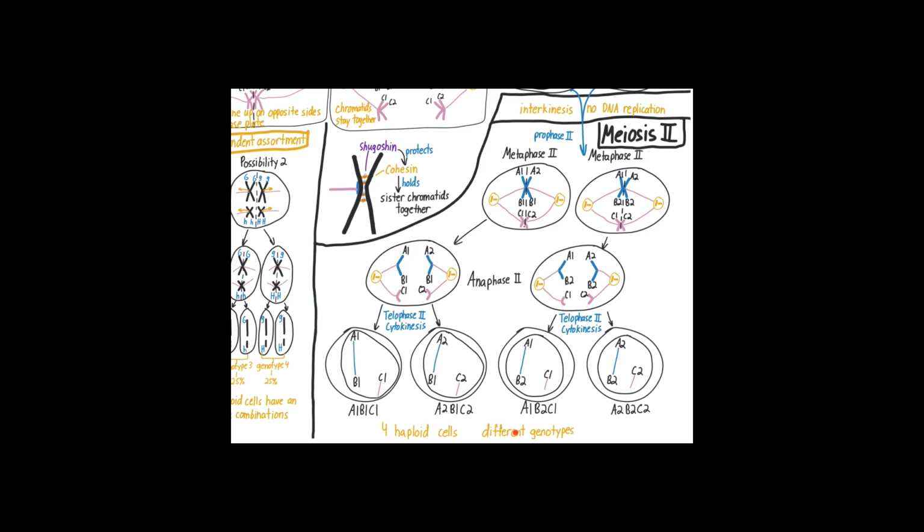So, different genotypes are, in part, produced by crossing over. We see those different combinations of A and B alleles in each cell. So, crossing over produces new genotypes with respect to genes on the same chromosome, here the A and B genes.